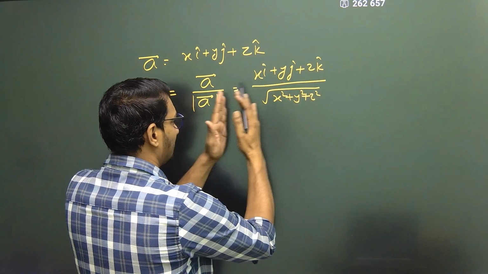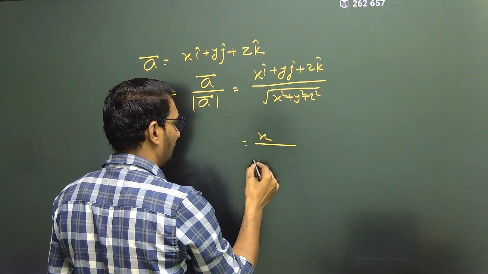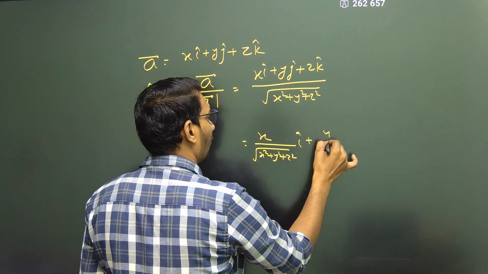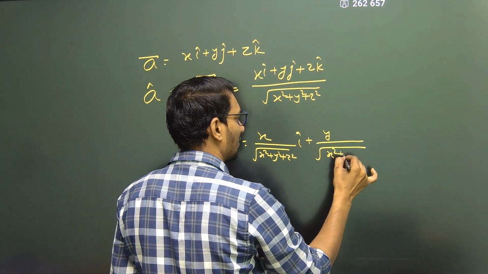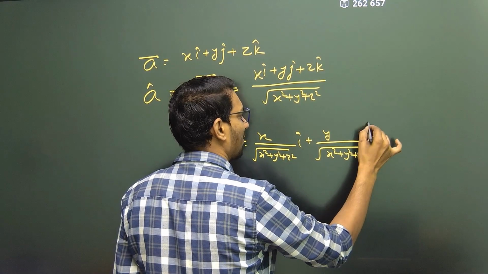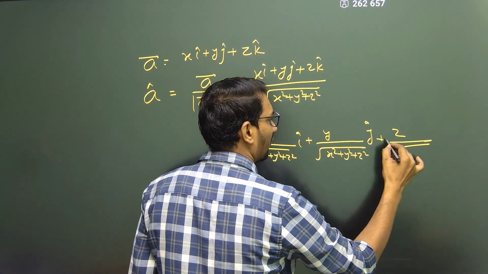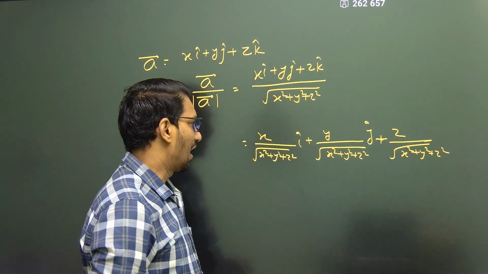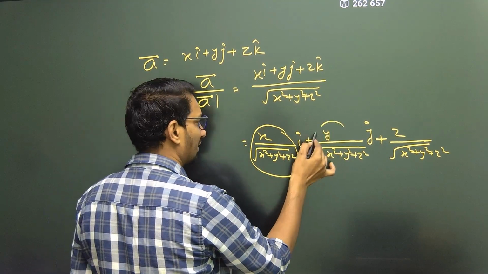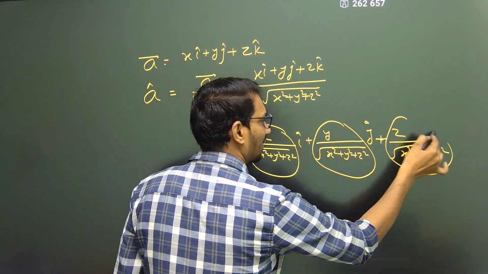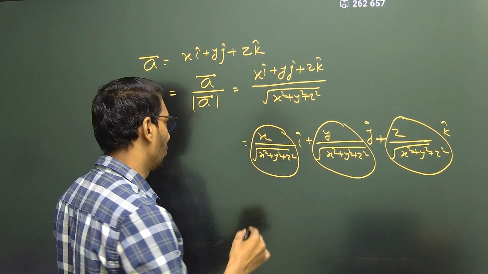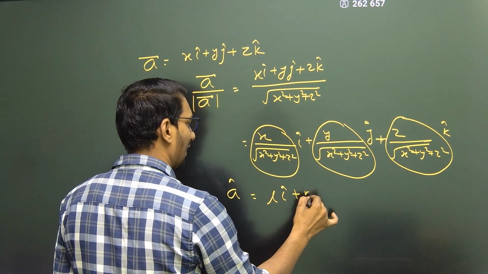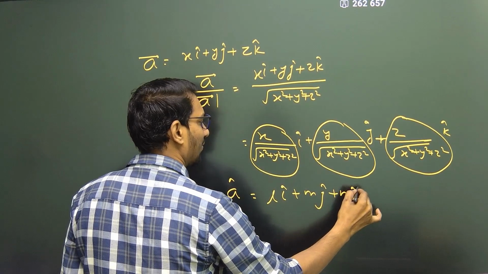If we split the line, then x upon square root of x square plus y square plus z square i cap, y upon square root of x square plus y square plus z square j cap, and z upon square root of x square plus y square plus z square k cap. And this is nothing but L, this is M, and this is N. So A cap can also be written as L i cap, M j cap, N k cap.